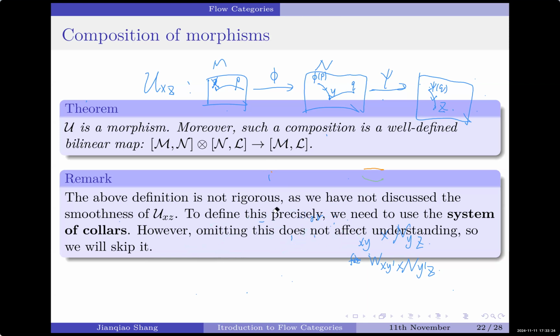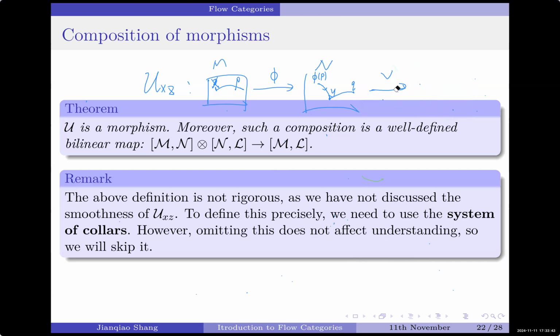It is not a trivial thing to glue a manifold with corners into a smooth, bigger manifold. To define the smooth structure, we need the system of corners.